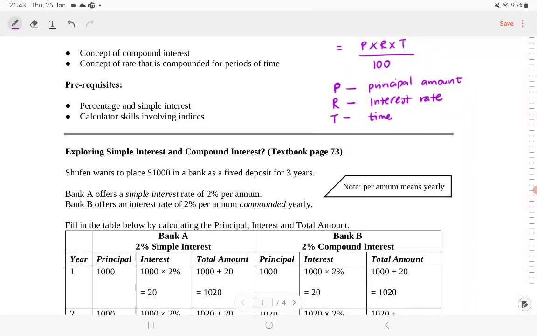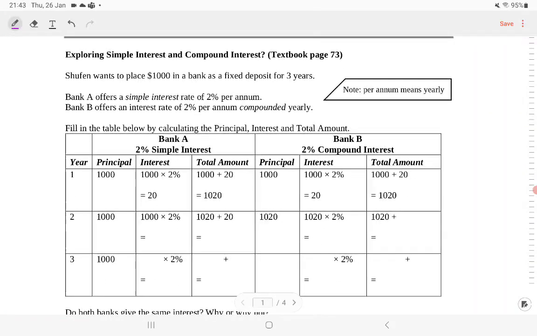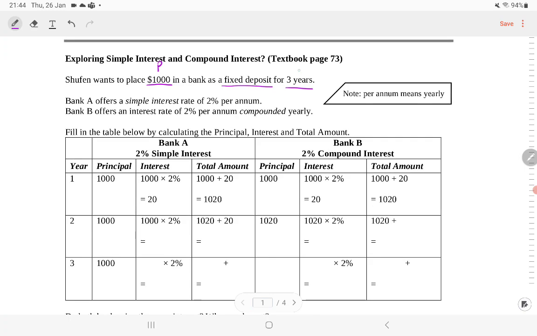Now let's see this. Shufan wants to place $1,000 in a bank as a fixed deposit for 3 years. So $1,000 is the principal amount, and 3 is the time that she wants to put in.